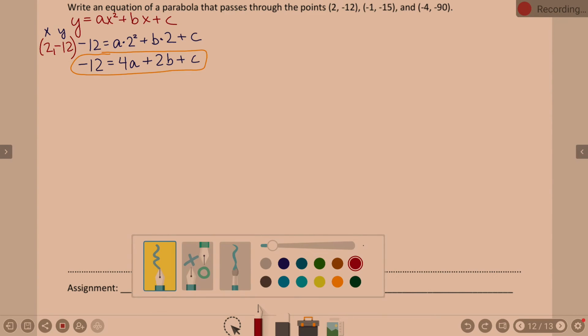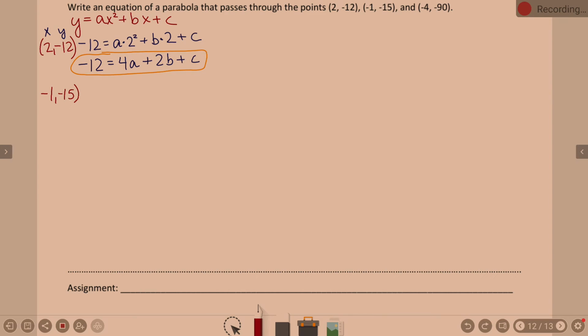Repeat with your second point. Negative 1, negative 15. So negative 15 equals a times negative 1 squared plus b times negative 1 plus c.